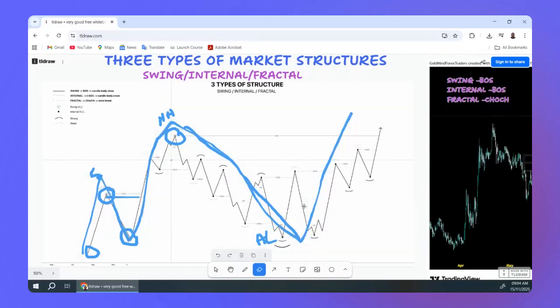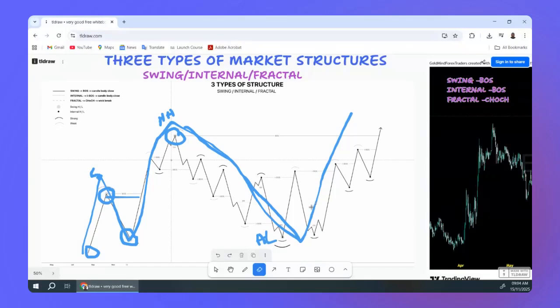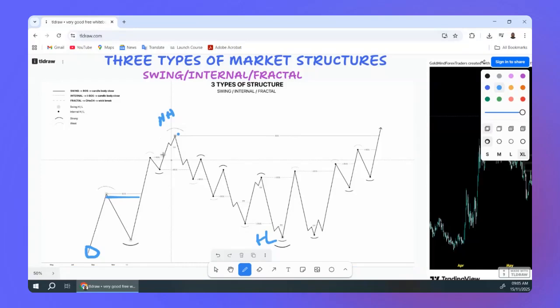Good. What do we need to understand now? So after the market forming a swing high, as you see here, we expect a pullback.